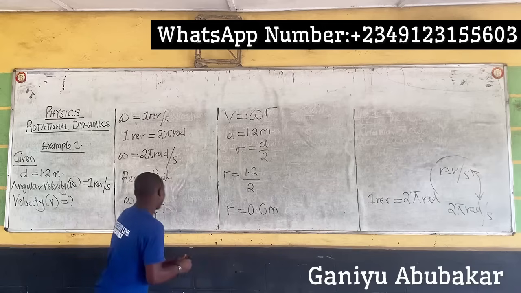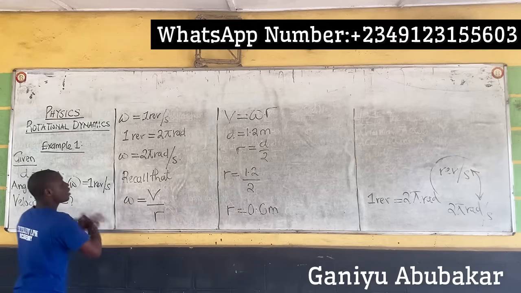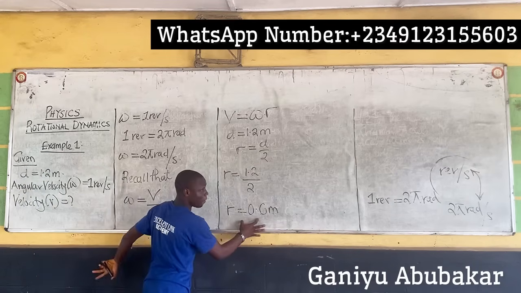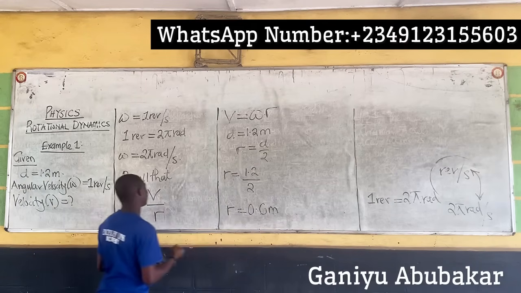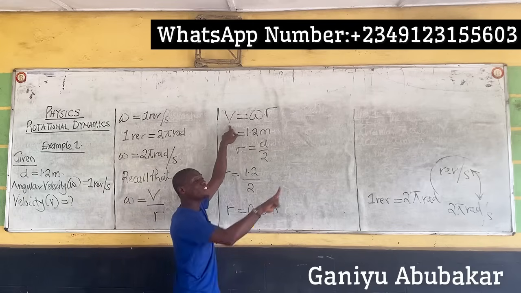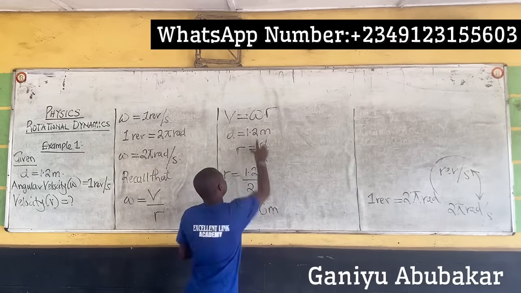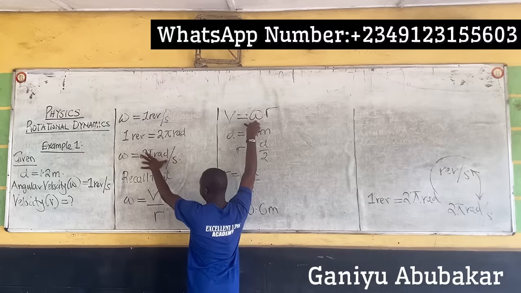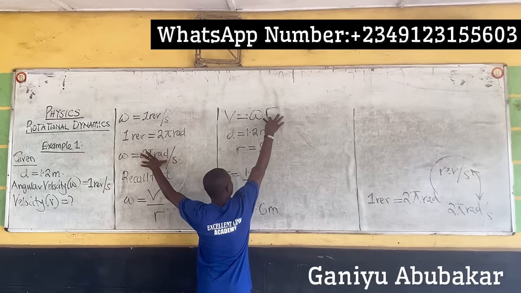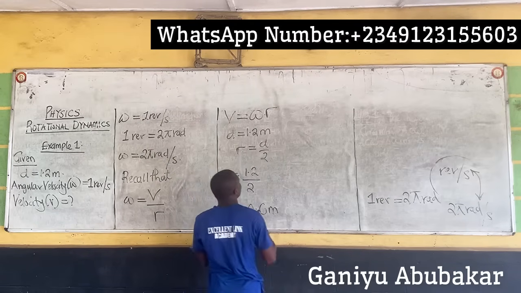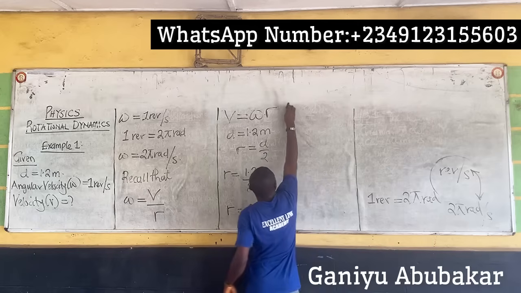So from being given diameter, I have now gotten radius from diameter. Here's the concept now. I'm asked to find V. I need two things: angular velocity and radius. This one here is a value, and this R here is a value. So I combine them. So I'm saying this, please.